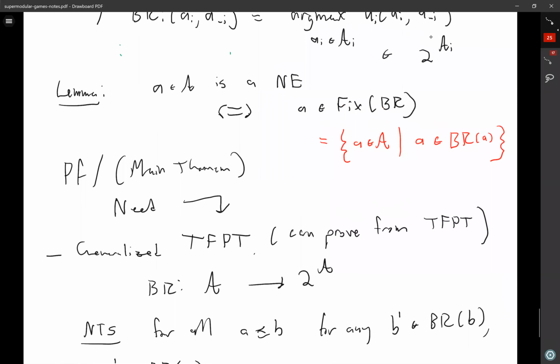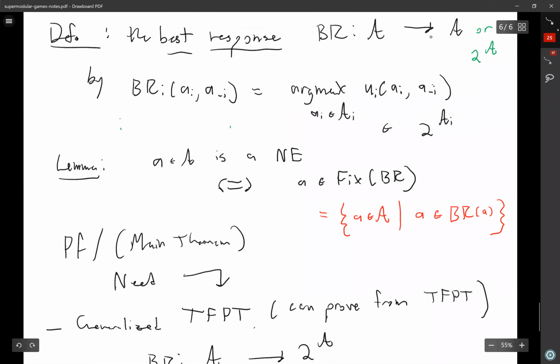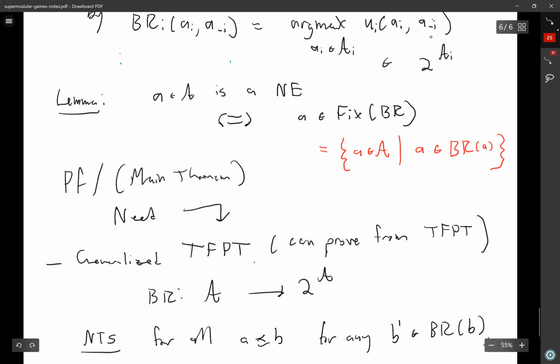And so how does this connect to the Tarski fixed point theorem? Well, it turns out that you can say a strategy A is a Nash equilibrium if and only if it's a fixed point of the best response function.